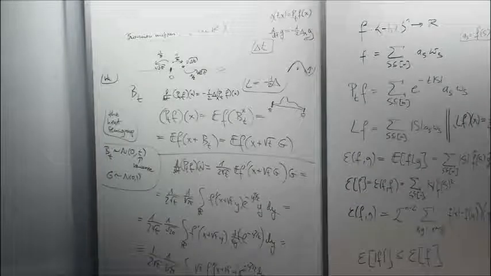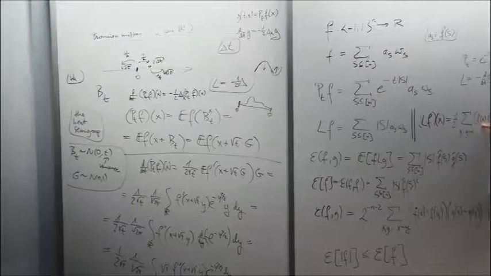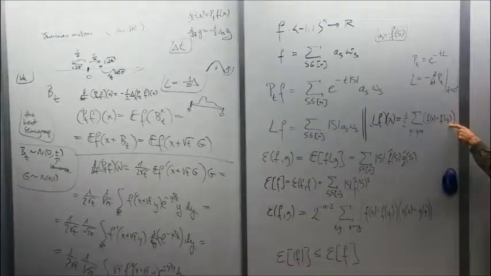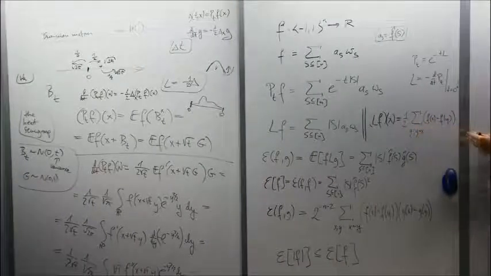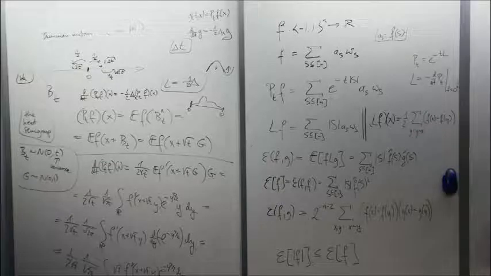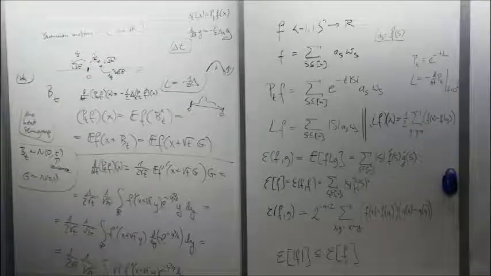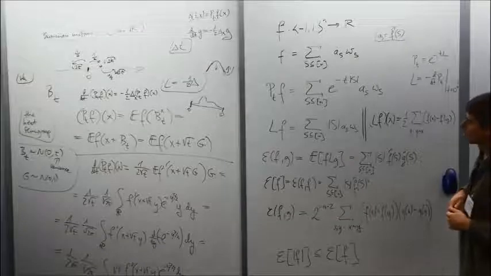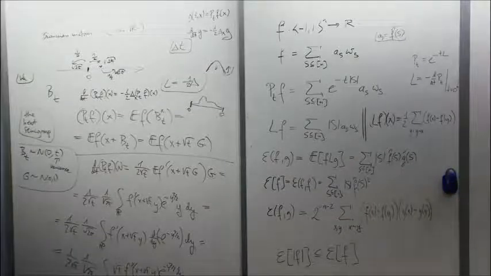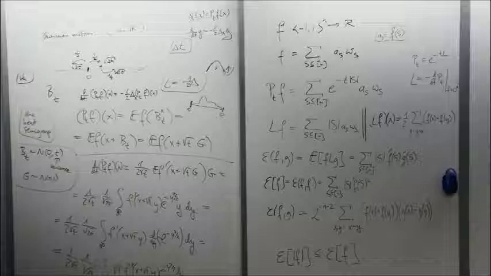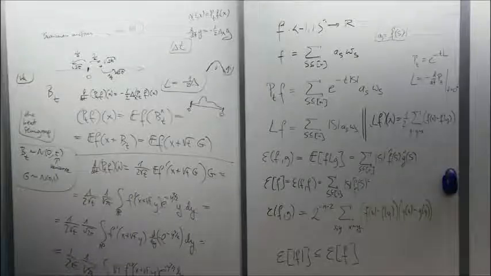Right? You look at the differences between the temperature at point x and its neighbors, meaning the vertices at Hamming distance 1. This is as good as it gets. You cannot do better on the discrete cube.